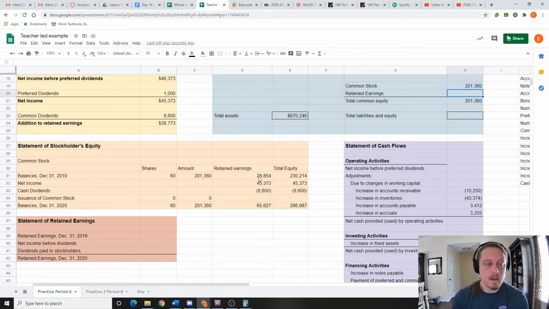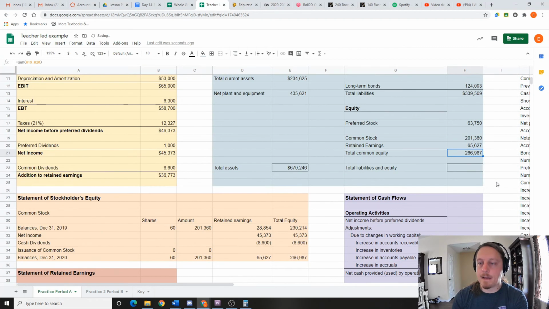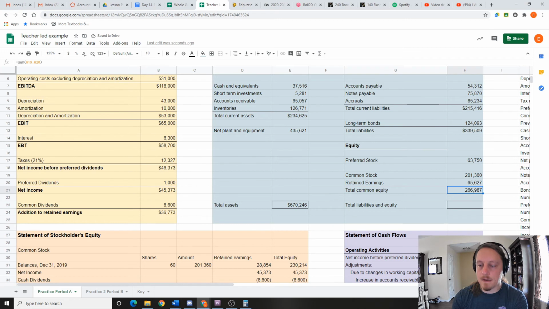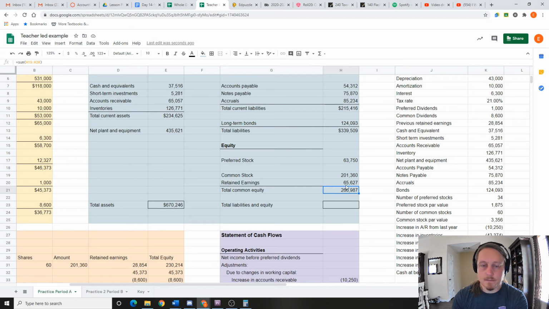We took last year's retained earnings, calculated net income and subtracted out the cash dividends. And this is my new retained earnings. So this is that final number we need for that space. I'm going to go back over here to retained earnings, press equal, select this number, and now we've got 65,627 over here, retained earnings.